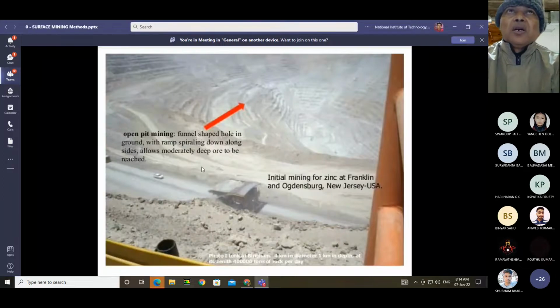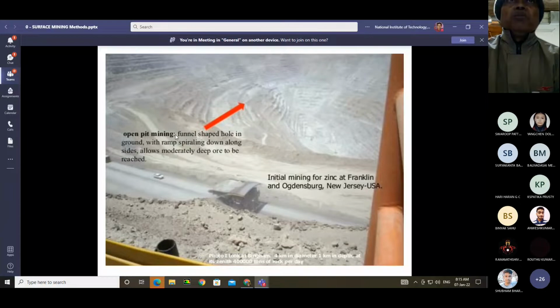So this is another view of an open cast mine. Open pit mining is a funnel shaped hole in the ground with a ramp spiraling down alongside, which allows moderately deep ore to be reached.